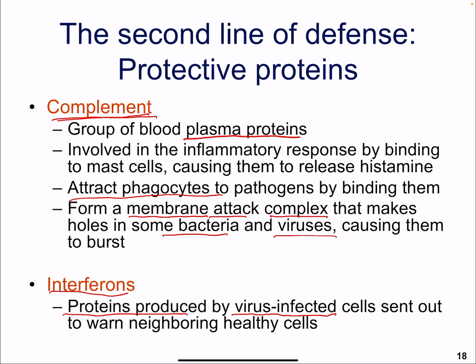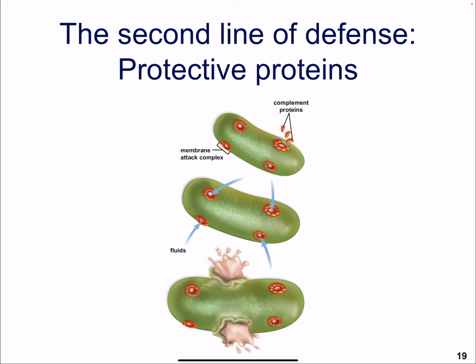And this interferon plays a very important role in controlling the infection of viruses. Okay, so now here we have the membrane attack complex that come together and form holes on a bacterium here, causing that bacterium to leak some materials out, and eventually the bacterium ends up bursting, as you can see here.